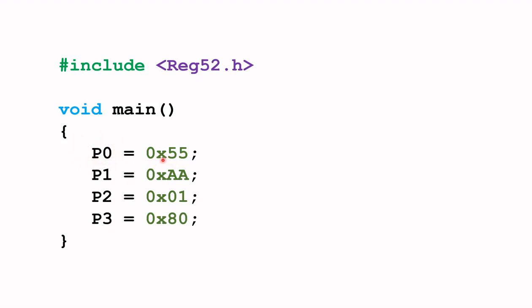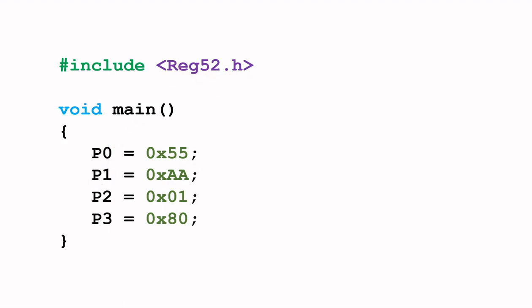So we're going to assign 55 hexa to port 0. Here, similarly, we're assigning AA hexa to port 1, and we assign 01 hexa to port 2, and lastly, we assign 80 hexa to port 3. Now, all these addresses of these ports are defined in this header file.